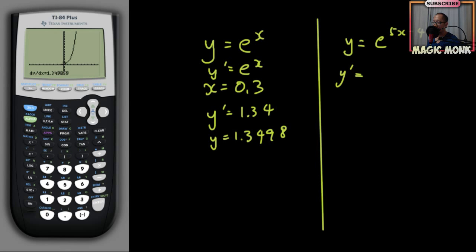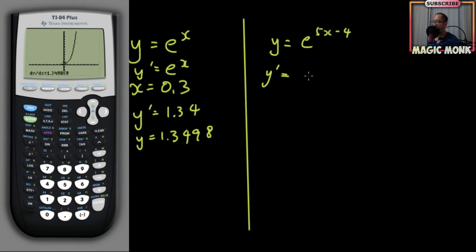So you're going to go y dash equals e to the power of 5x minus 4, because that's differentiating the outside. And then you're going to multiply by differentiating the inside, which is 5, because 5x minus 4, if you differentiate that, you'll just get 5. So multiply by 5. So the answer is 5 times e to the power of 5x minus 4.